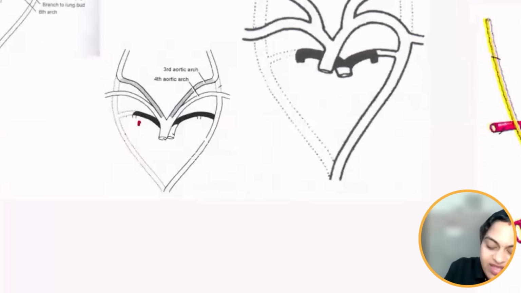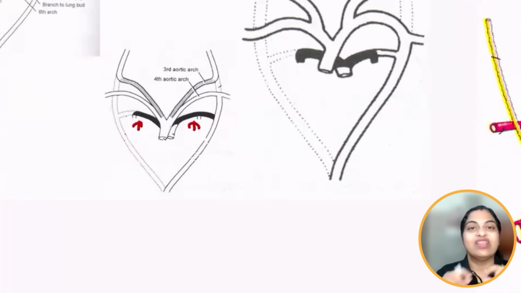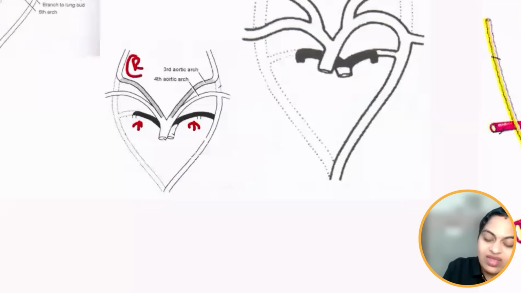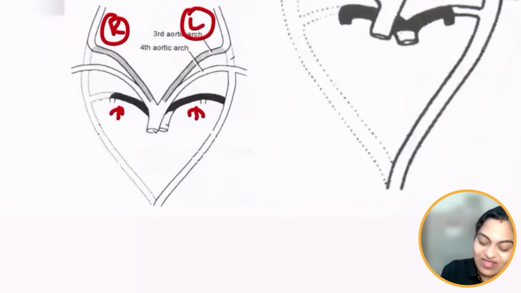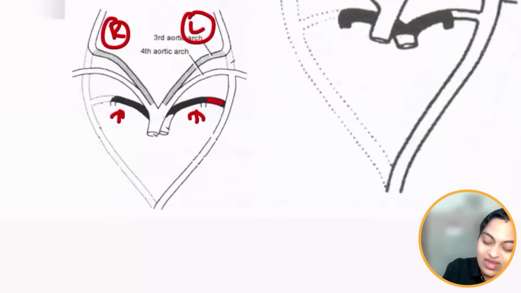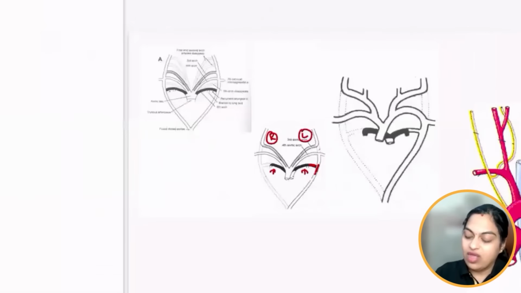Now, let us look into the sixth pharyngeal arch. Right? The sixth pharyngeal arch artery is going to give rise to the pulmonary artery, both on the right side and on the left side. On the left side, you can see there's a communication here extending to the aorta. We call it the ductus arteriosus.